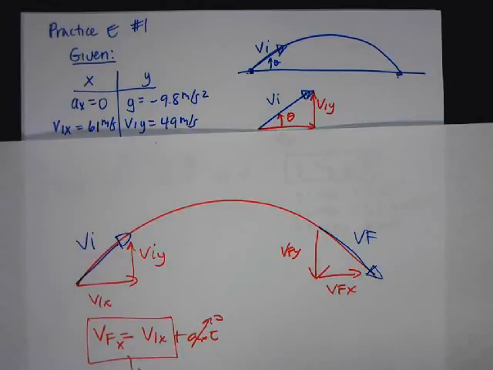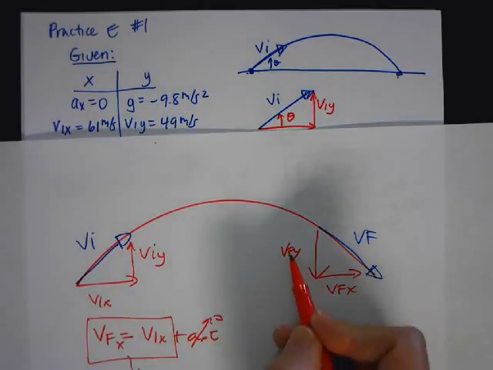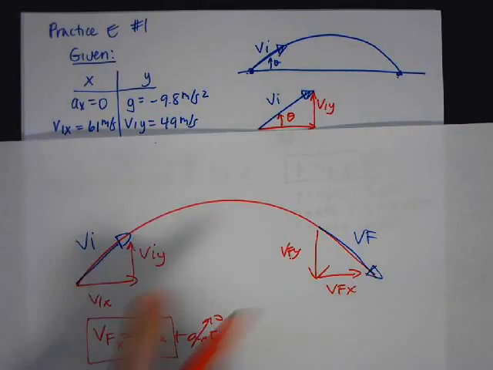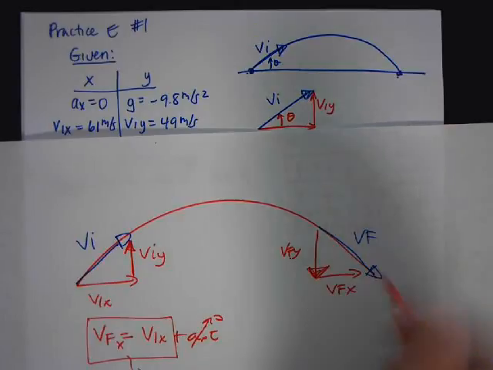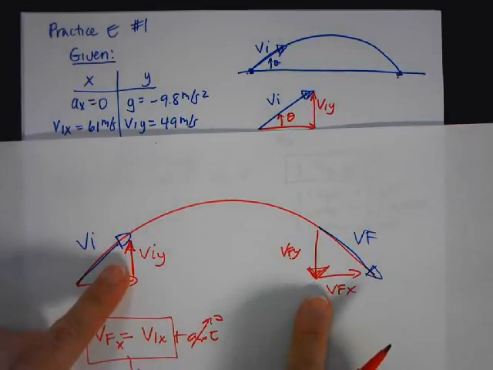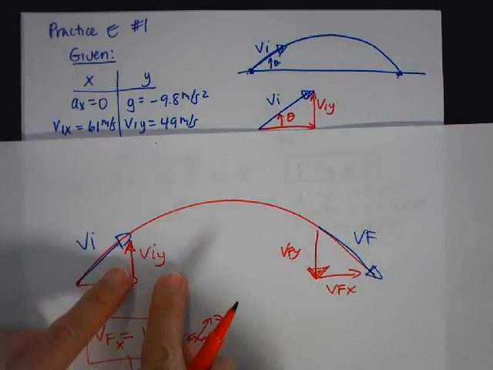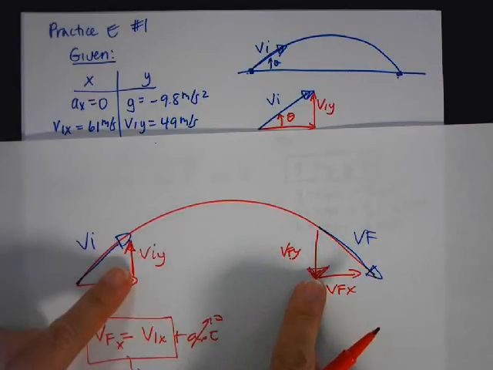But the vertical component of the velocity, VFY and VIY, they're equal in magnitude. The difference is, what do you notice? They're opposite in direction. So whatever VIY is, VFY is going to be equal in magnitude. So magnitude means how much, the number in the unit. The difference is they're going to be opposite in direction.